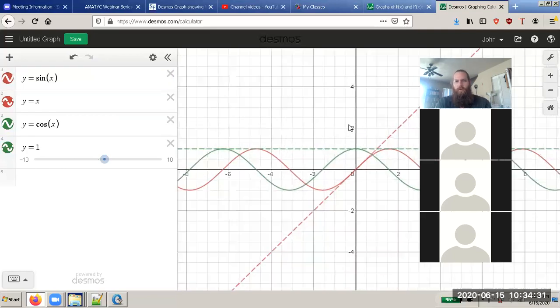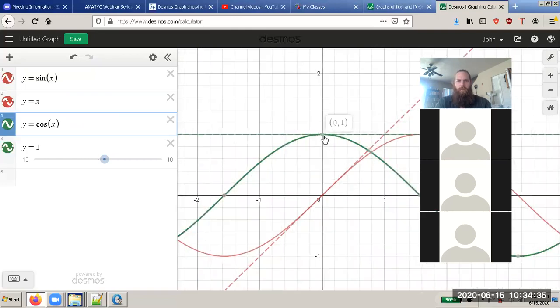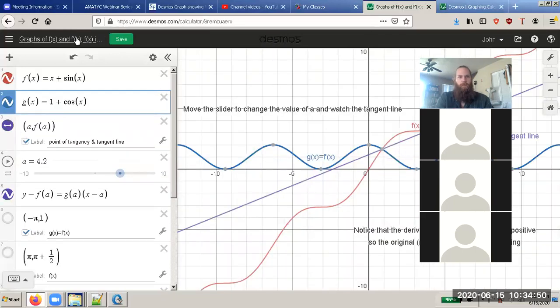You can see along the graph of the cosine function, this tangent being horizontal isn't really a surprise. The cosine has a little maximum there. That's a turning point for the cosine function, and we've seen horizontal tangent lines correspond to turning points in the past. If you haven't, play around with the other Desmos examples I have, like this one.